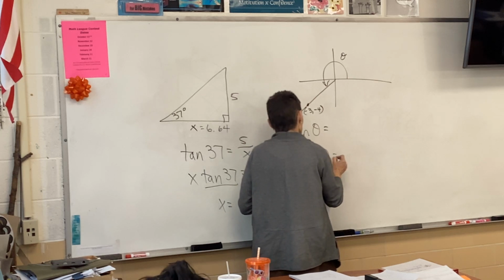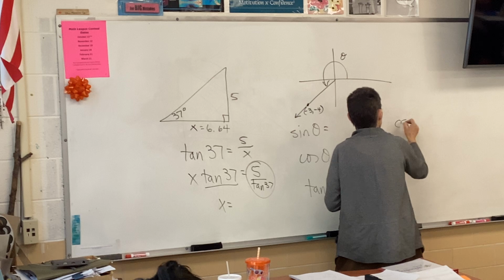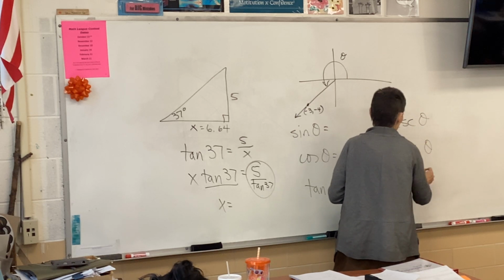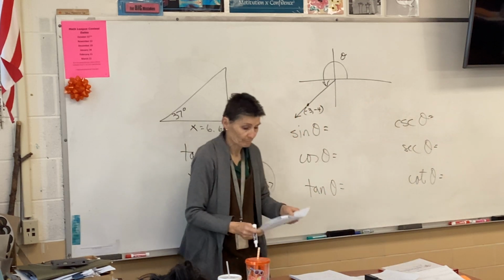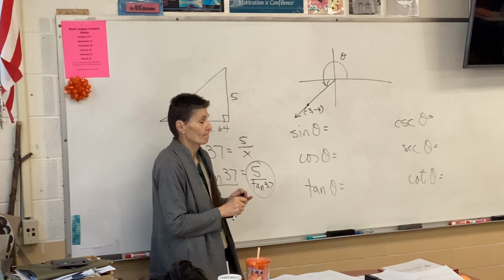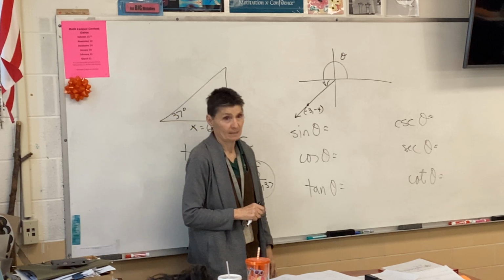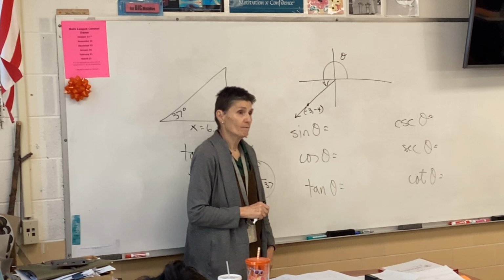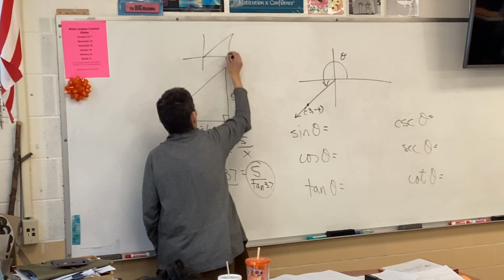This problem is very similar to ones we did before, and in fact, there was one on your quiz practice that was sort of like this. Now, the difference is all of our angles before were sitting in quadrant 1 like this.